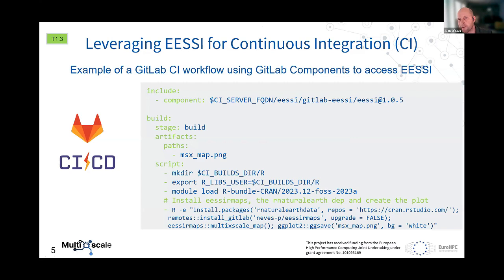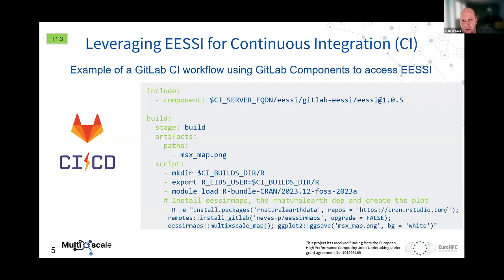This FI server fully qualified domain name, that means the server that you're on. So in GitLab.com, this would work. I think you could use the one from GitLab even in a hosted action, but I haven't actually tested that. So rather than give this environment variable, you could actually give the full URL, but I haven't tested that myself, so I'm not sure. But basically, this is all you need to do to include the component.